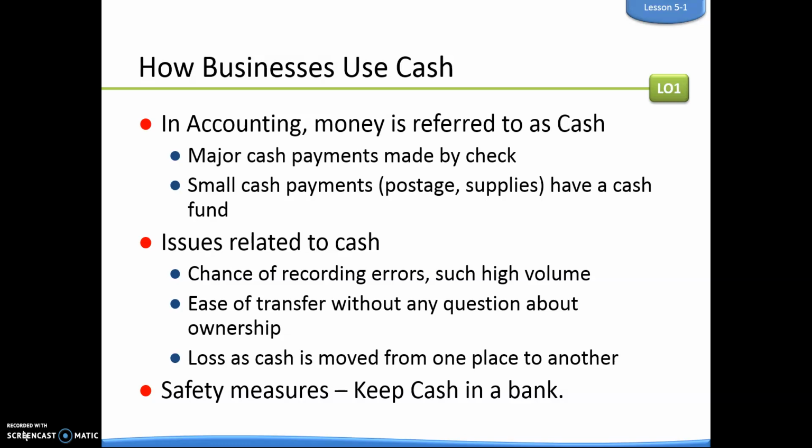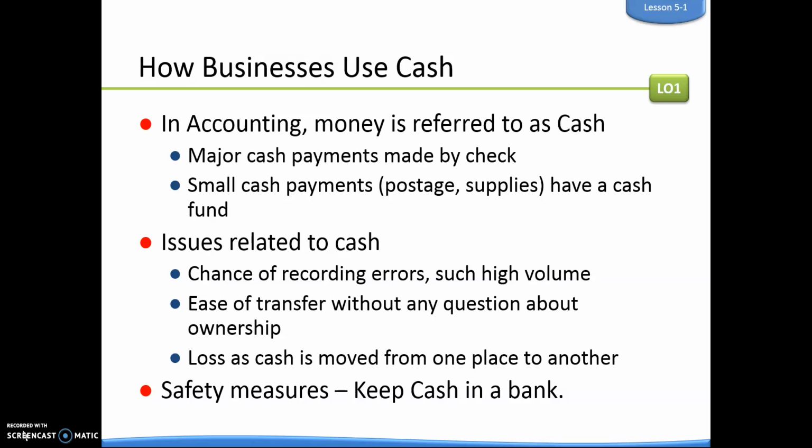The reason that they want to use a checking account is because there are certain issues related to cash that need to be addressed. When you're recording cash, because of the amount of times that cash gets used, there is a higher chance that there's going to be errors.